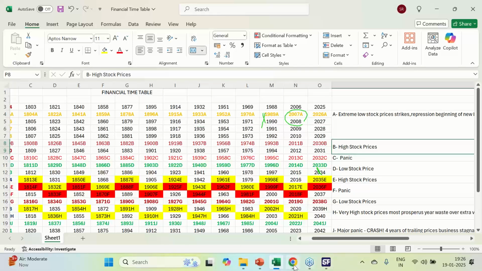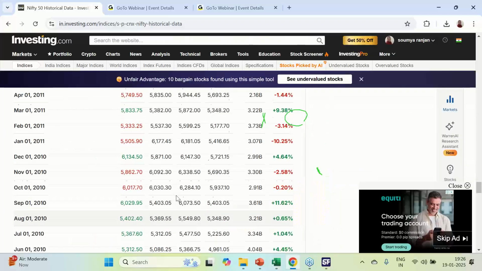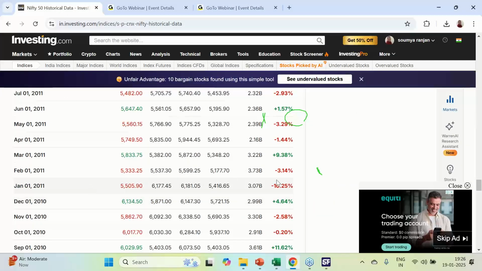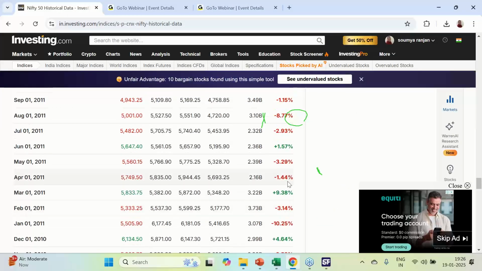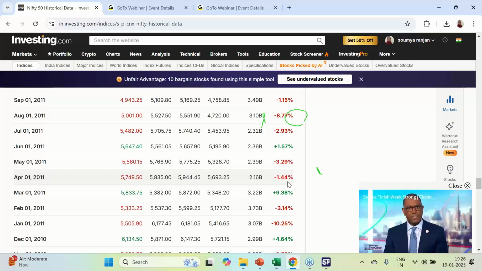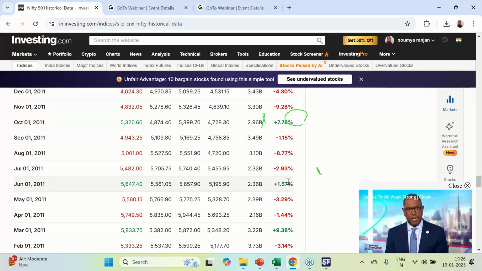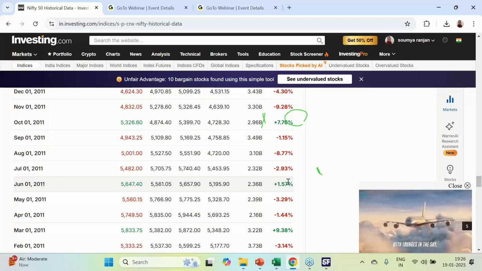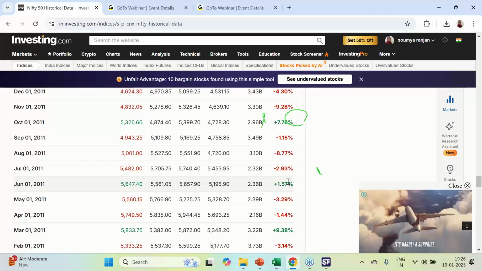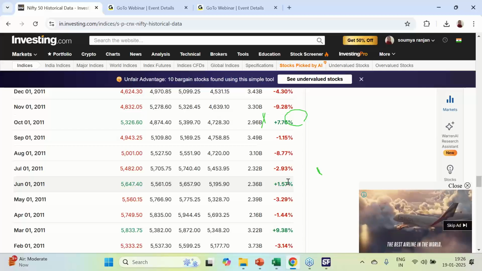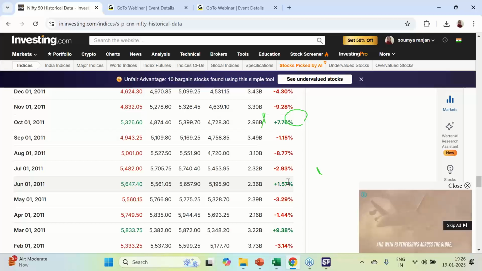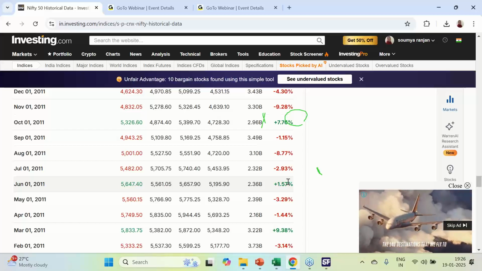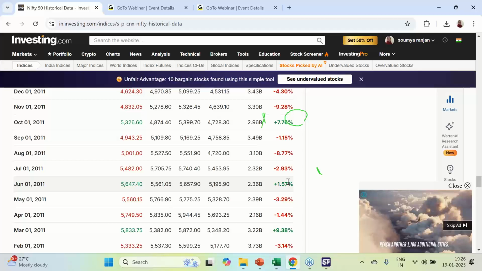High stock price, 11. You can see 2011 once it started, there are great ups and downs, but there is a pricing part because it has a mirror from 2008. If you remember 2011, many times we found the prices of stocks not matching the economic fundamentals.